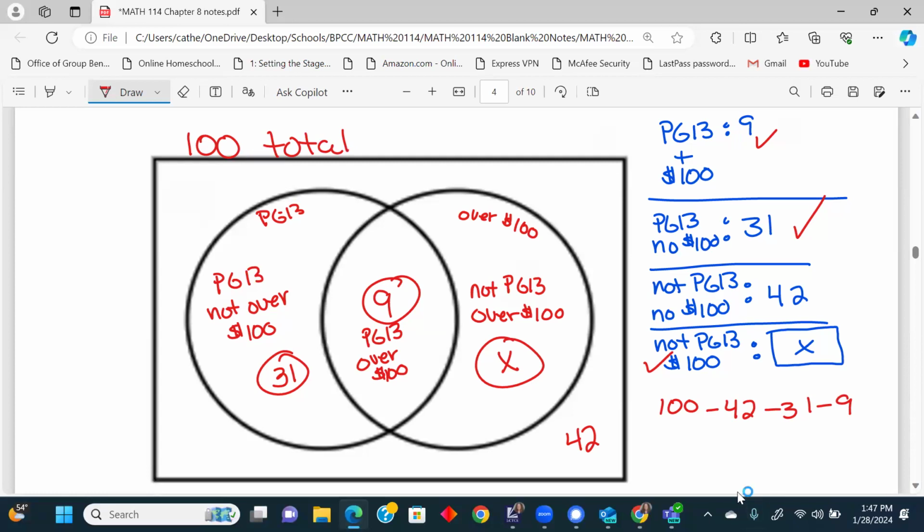So if we take 100, we subtract the 42, we subtract the 31 and the 9, what we're left with is the X. Okay, the hardest part is setting up the Venn diagram. Let me run this in the calculator real quick. So that's 18. I really like these questions. I think they're fun.